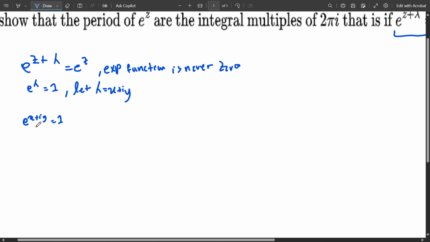And we know from Euler's formula that e to the iy is the same thing as cosine of y plus i sine of y.